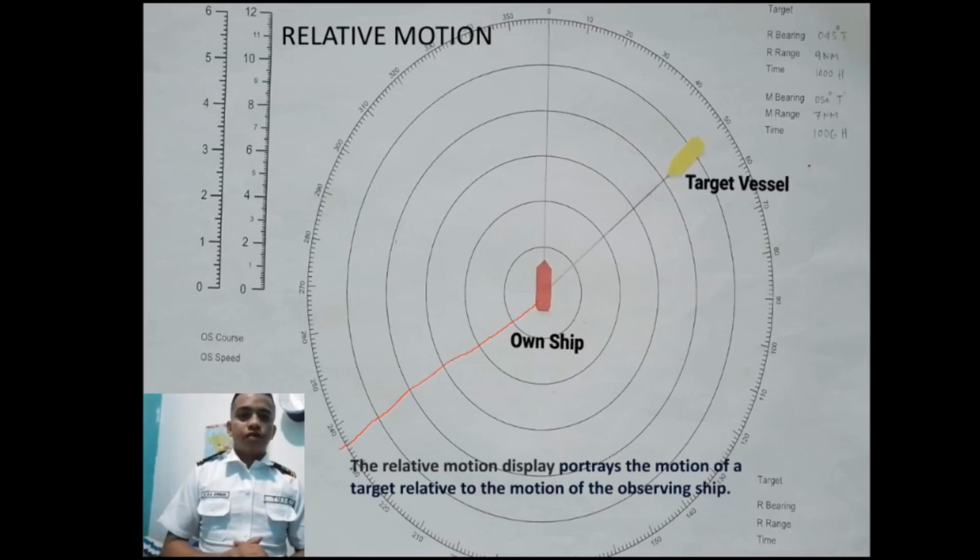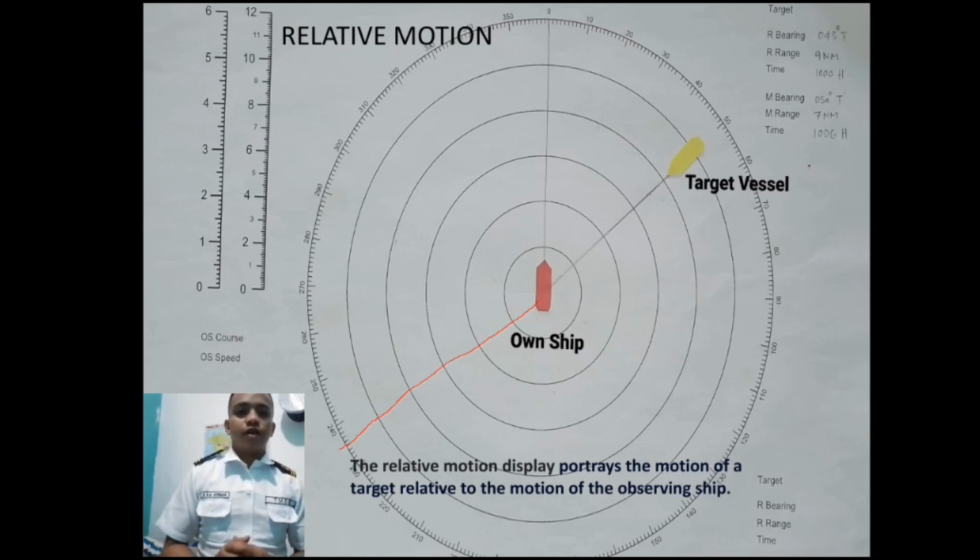Okay, the next is the relative motion. So, the relative motion display portrays the motion of a target relative to the motion of the observing ship. So, here we have the example, the radar plotting sheet. The red is our own ship and the target vessel is the yellow.